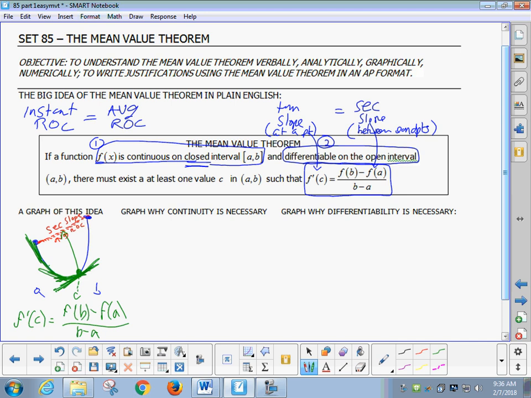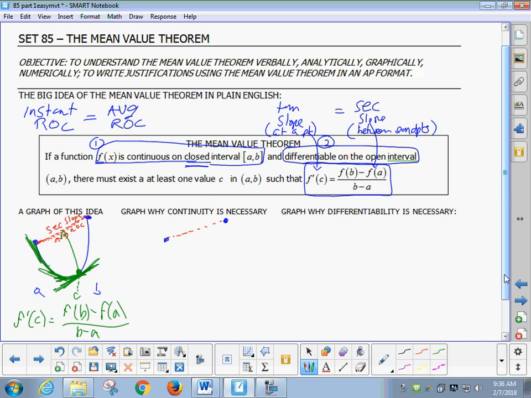Right? Why is the continuity component to it necessary? Well, imagine if the curve didn't look like that. Imagine if it looked like those 2 points there, but the curve went something like, now that obviously would still have that same secant slope.